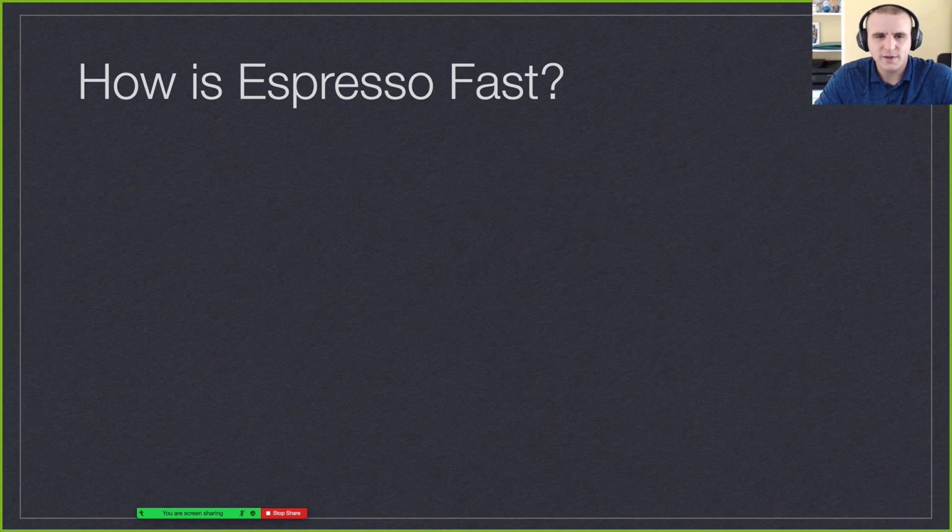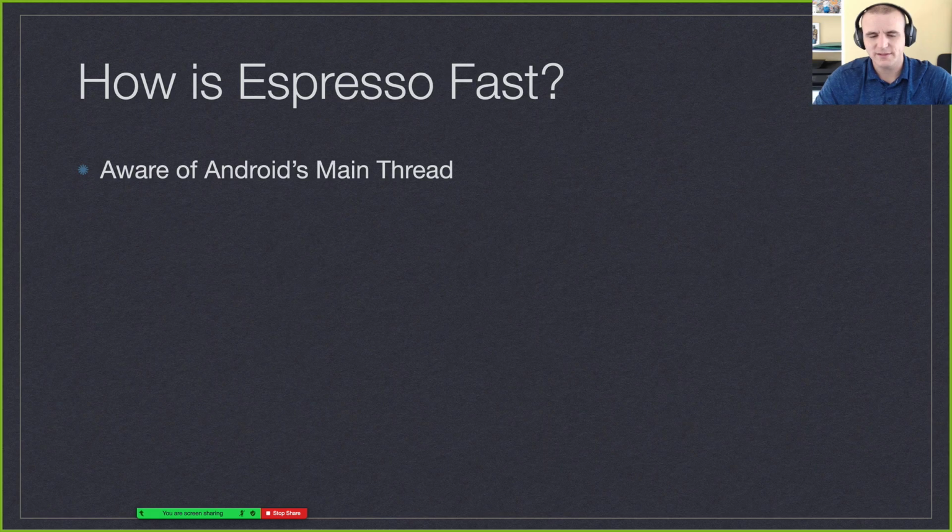So we talked about Espresso being fast. It's faster than other frameworks. Why is it fast? Because it's aware of Android's main thread. I believe iOS has the same concept, but basically there's a UI rendering thread that is used to put content on the UI. Android's main thread represents that, and if you do too much work on the UI, there's a thing called screen jank, where if you have an animation coming in, but you're really processing stuff in the main UI thread, you'll see skipping of frames.